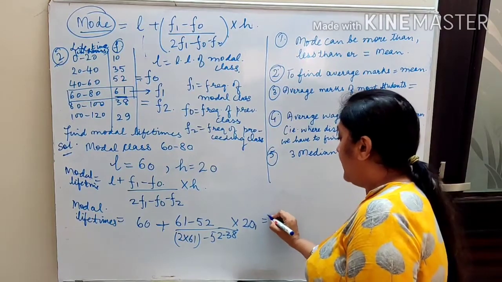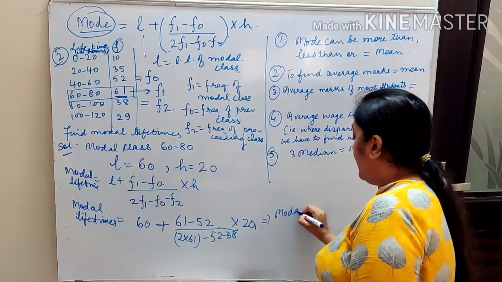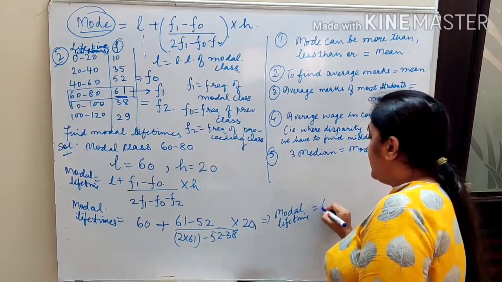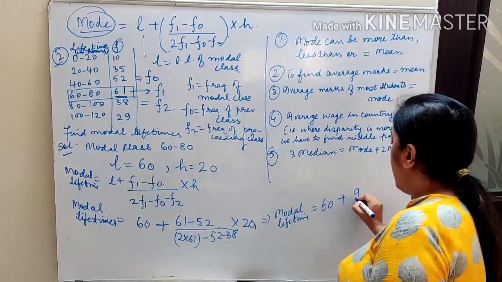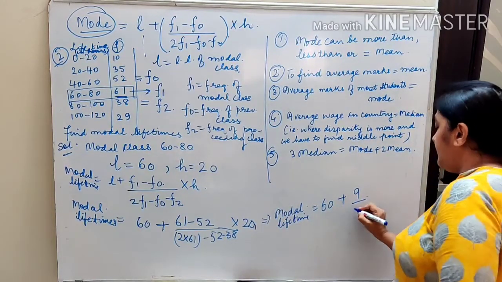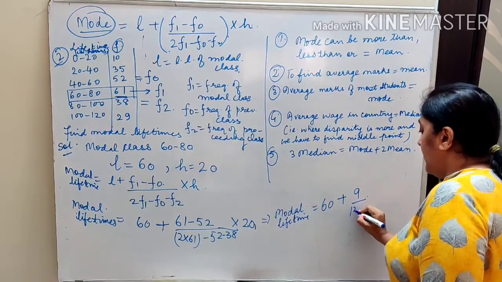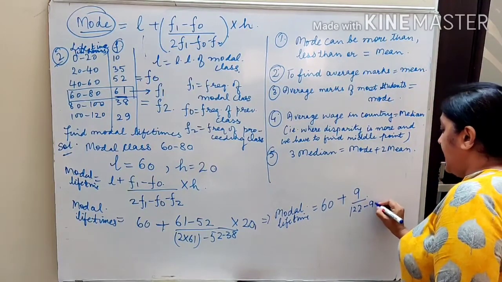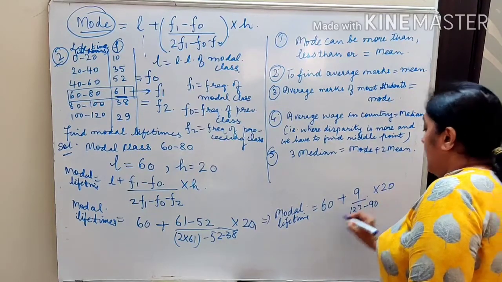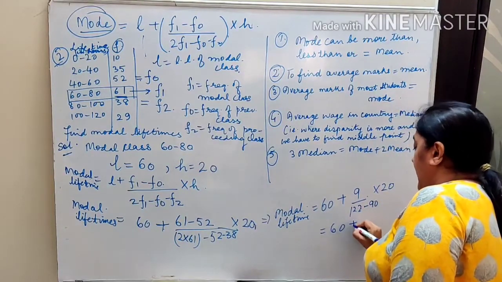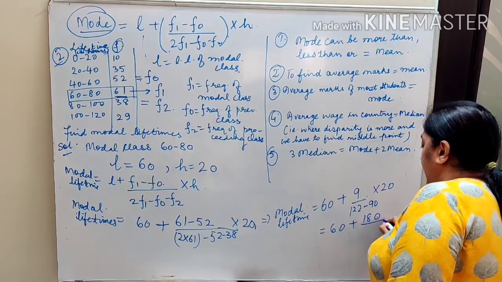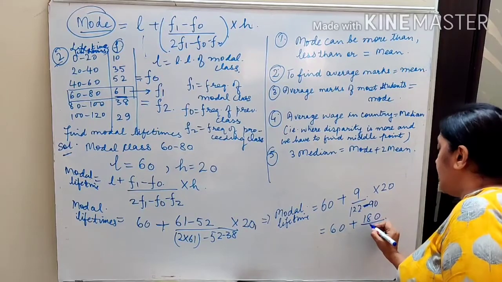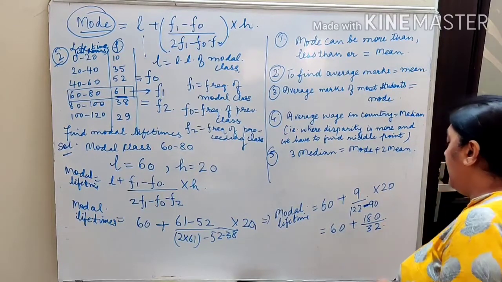The way of calculating will remain the same as I told you earlier. Write modal lifetime is equal to 60 plus 9 upon 122 minus 90, into 20. Again, you don't need to take the LCM. It is 180 upon, and 122 minus 90 comes out to be 32.